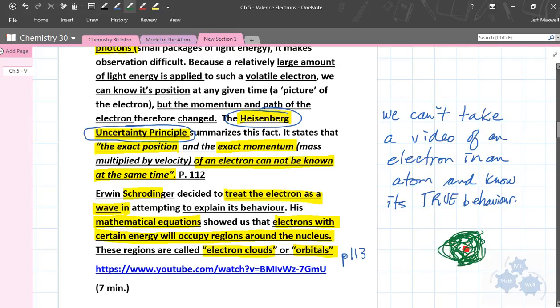But it stays within this sort of spherical region, if you picture this as three-dimensional. And that's exactly what Schrodinger said. If an electron has a certain amount of energy, it will behave a certain way, and it'll stay most likely in a certain region. And his equation showed a bunch of different shapes, or orbitals, that electrons could make in space.